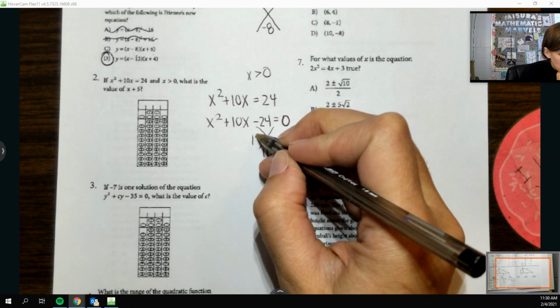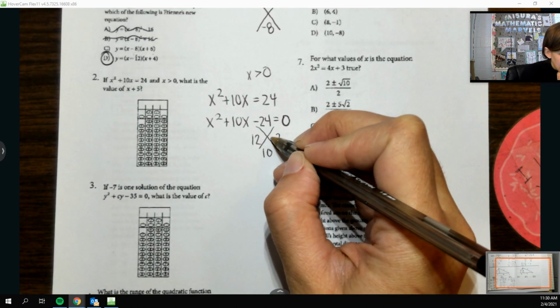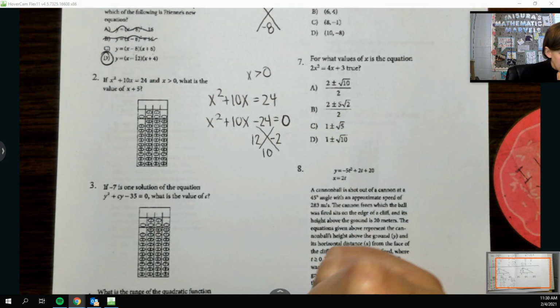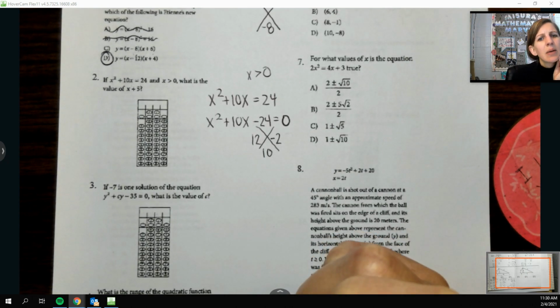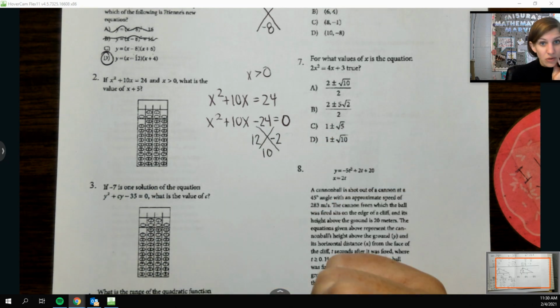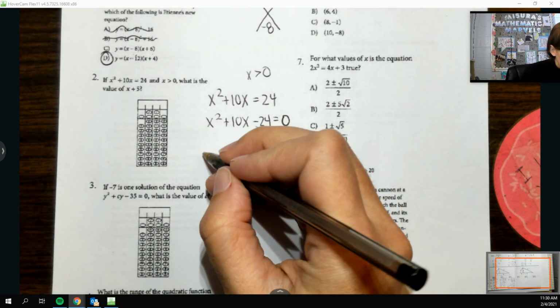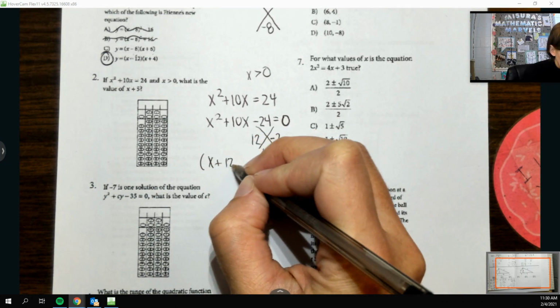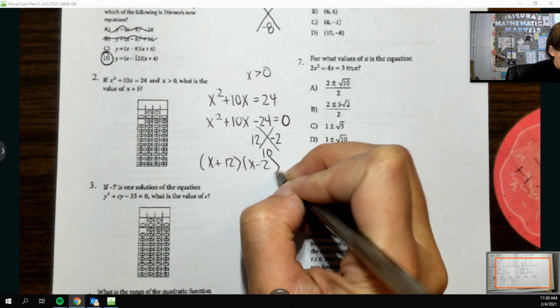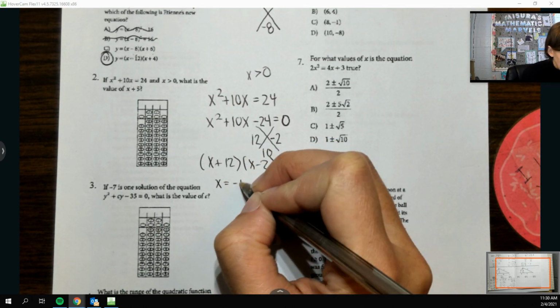And I think I want 12 and 2 because I need something to be negative and get 10. The 6 and 4 will get me 10, but they both need to be positive, and that won't get me the negative 24. So we got x plus 12, x minus 2, which means my answers are just negative 12 and 2.